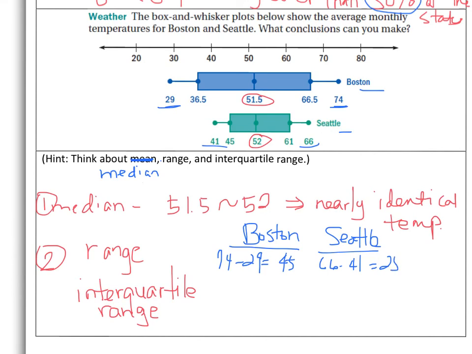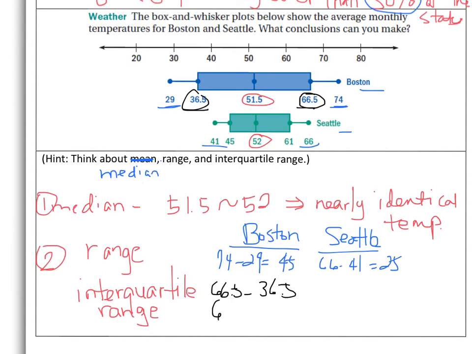This is 25. And for the interquartile range, you take the upper quartile of 66.5 and you subtract it from the lower quartile. So by definition, the interquartile range is basically the difference between the upper quartile and the lower quartile.